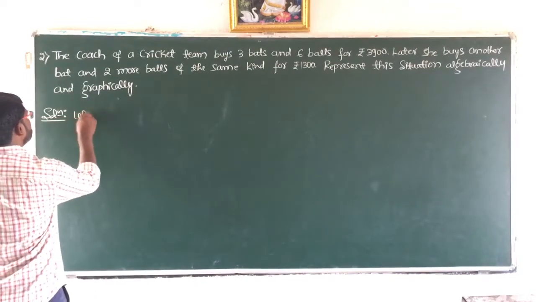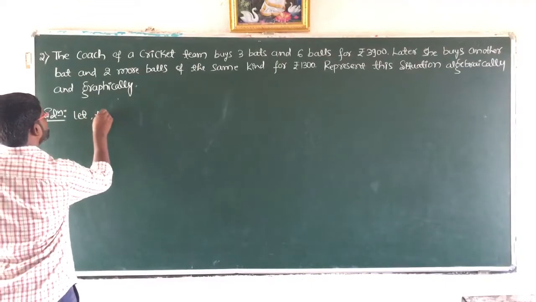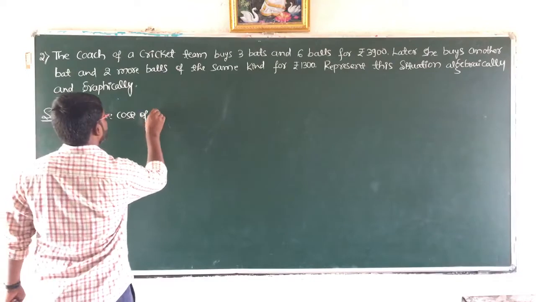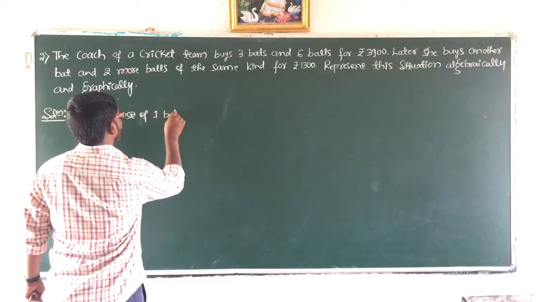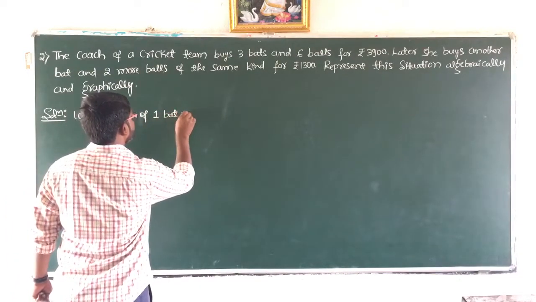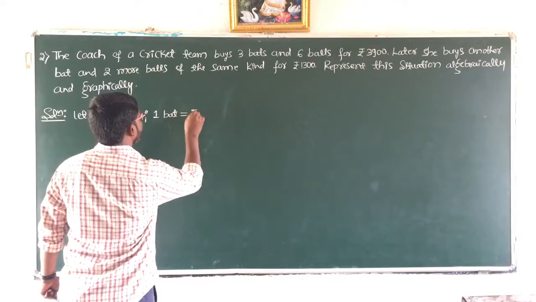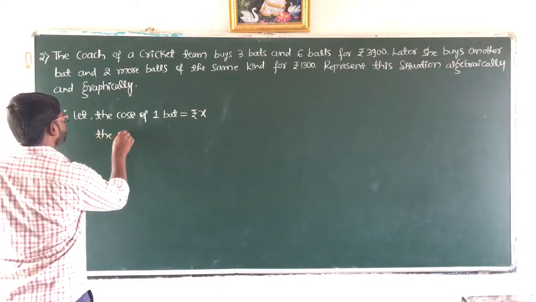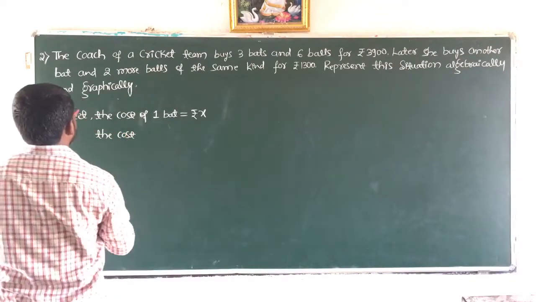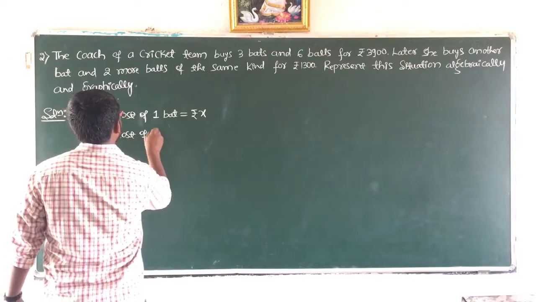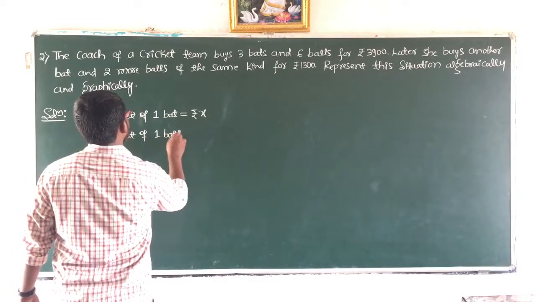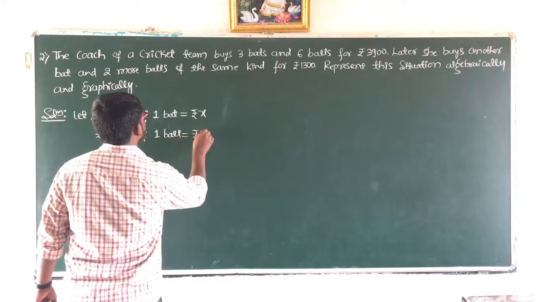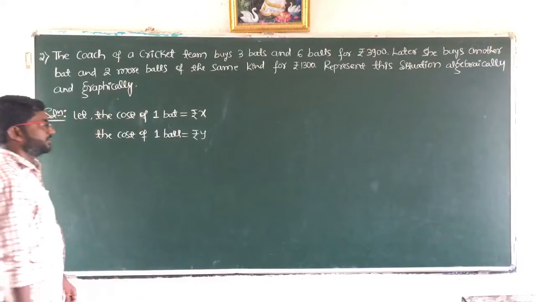Let the cost of one bat be equal to rupees X, and the cost of one ball be equal to rupees Y. Cost of one ball is equal to Y rupees.